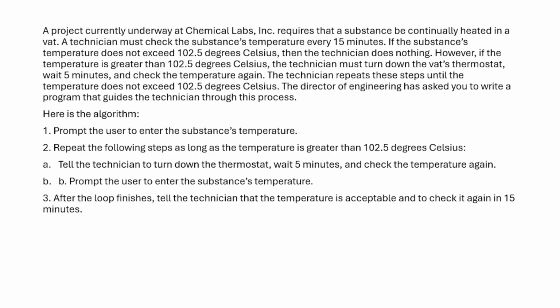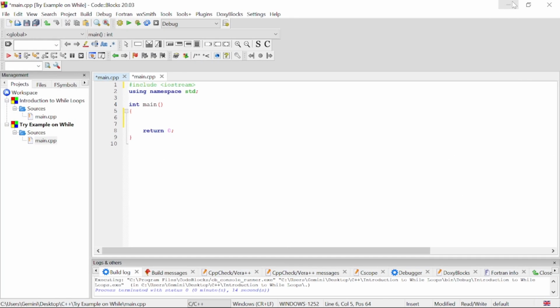Alright, so we have to declare a variable for our temperature here, which is going to be our maximum temperature, right? So we are going to declare this as a constant variable. And then we can go ahead and think about how to solve this while we proceed. So first things first, we have to declare a variable.